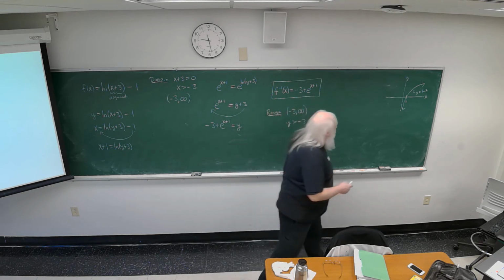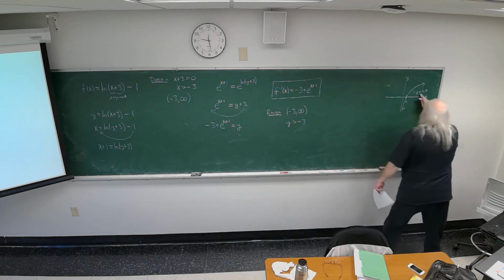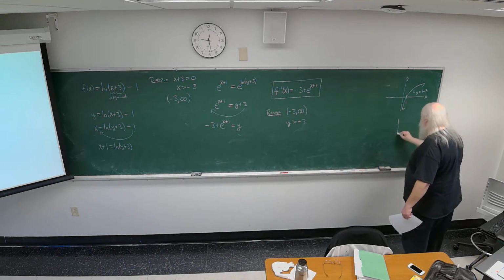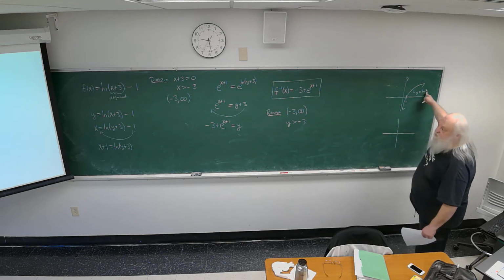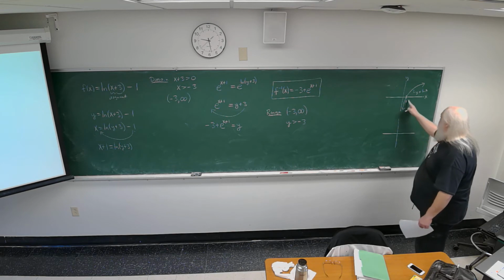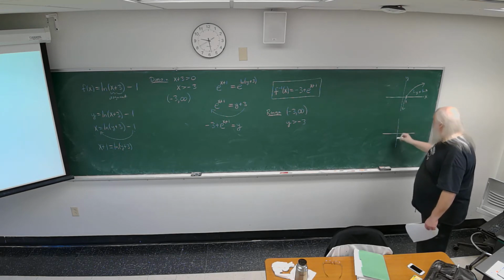This is the graph of y equals the natural log of x. When you replace x with x plus 3, it just shifts this graph to the left 3 units.